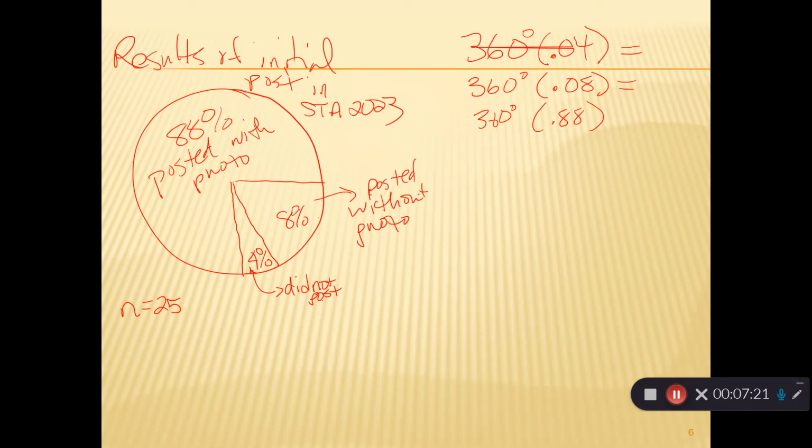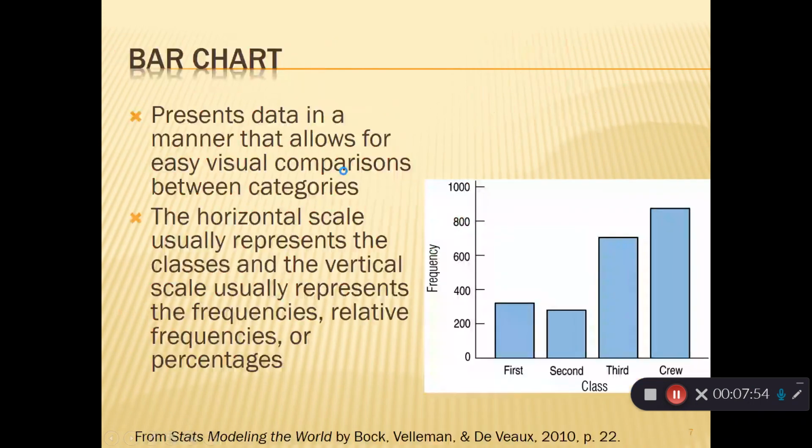If instead I broke you guys up by something that could overlap in categories, I don't know, maybe hair color or something like that, right? We have some people that have highlights, so they're in both the brown and the blondish category. If I can overlap those categories, then I cannot use a pie chart because I'm not dividing the class up into separate pieces. I have to be able to put them in distinct pieces to use a pie chart.